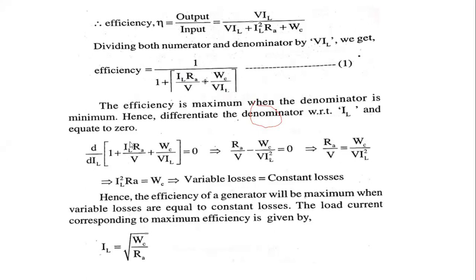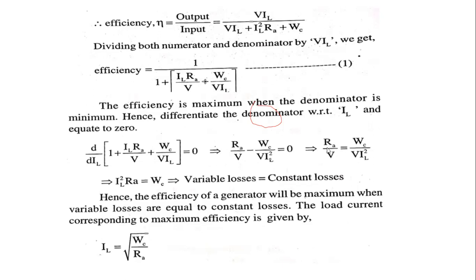Differentiating IL with respect to IL gives 1, so the constant term is RA by V. Then plus WC by V into 1 by IL; the differentiation of 1 by X is minus 1 by X square, so minus 1 by IL square, with WC by V as the constant. This is equal to 0.